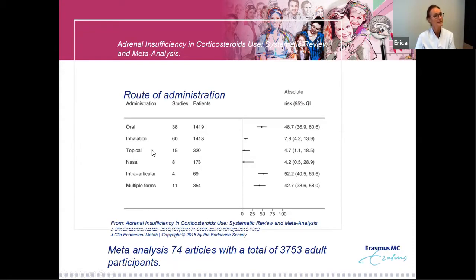For example, what you see here is glucocorticoid by route of administration and the absolute risk, not the relative risk, but the absolute risk of adrenal insufficiency in those patients. This is a review on adults, I should say.